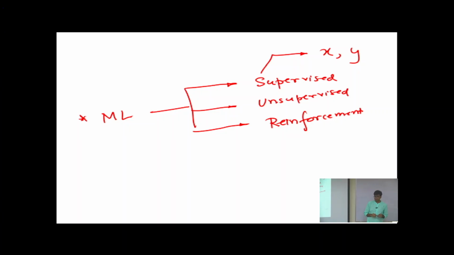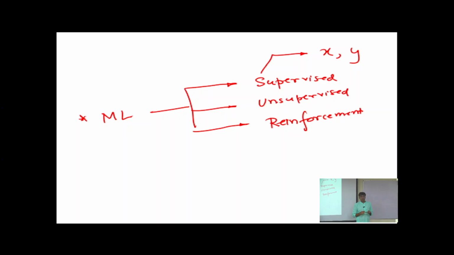In an unsupervised learning algorithm, you do not have y, you only have x. So you have unlabeled data, your data is not labeled. And in that case, what will you want to learn? For example, you might want to learn the distribution of x, probability of x.